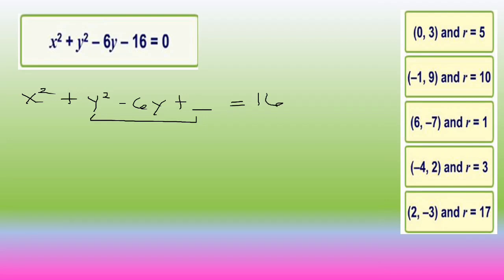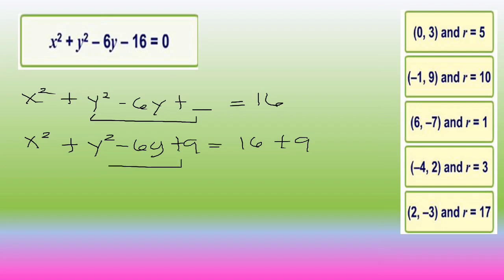So copy x squared plus y squared minus 6y. Divide the middle term by 2, that is negative 3. Then squared, that is equal to 9. So here we have 16 plus 9. Get the square of the binomial of this term. So we have the quantity y minus 3 squared, that is equal to 25.